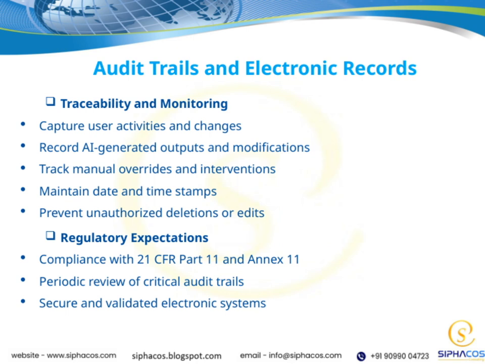Tracking manual overrides and interventions is equally important, especially when human input alters automated processes. Maintaining accurate date and timestamps is critical for establishing a reliable timeline of events. And of course, we need to prevent unauthorized deletions or edits to protect the integrity of the data.